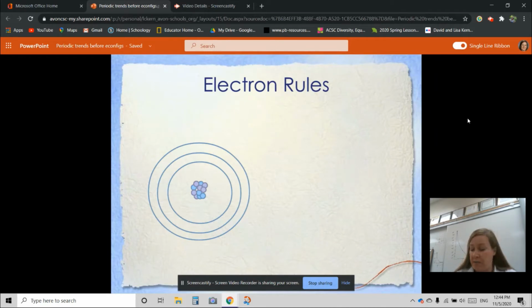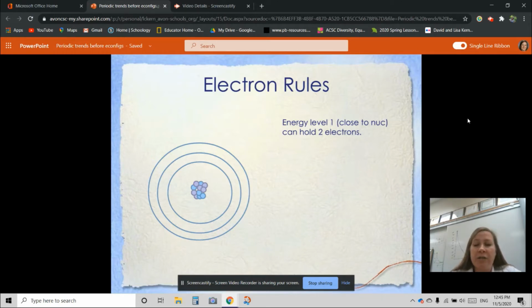So the general rules that you need to know, and these are the absolute minimum that you need to know, definitely write this down, are as follows. Energy level 1, that is the closest ring to the nucleus. Energy level 1, 2, 3, 4. There can be up to 7 energy levels, generally speaking, but sometimes you even have electrons occupying energy levels beyond energy level 7.